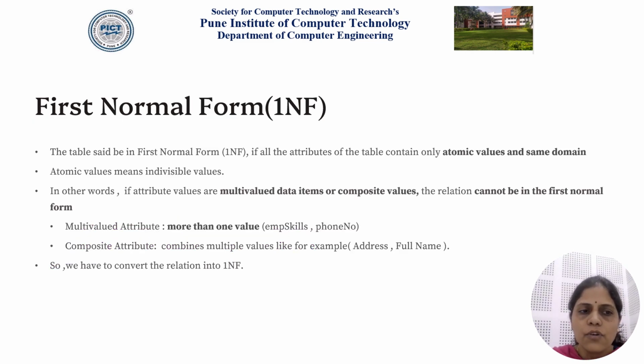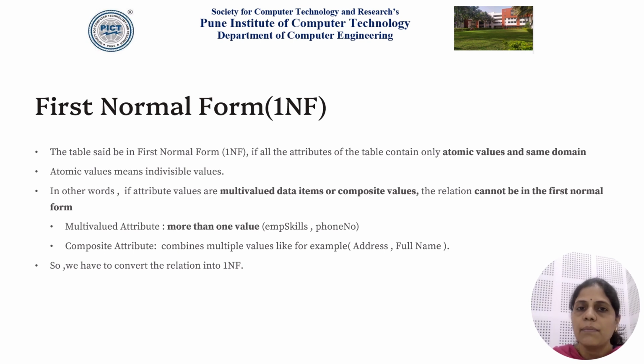First normal form is related to the values of the attributes present in the relation. If all the attributes of the table contain only atomic values, and all the values are of the same domain, then we can say the table is in first normal form. What do atomic values mean? Atomic values are indivisible values.